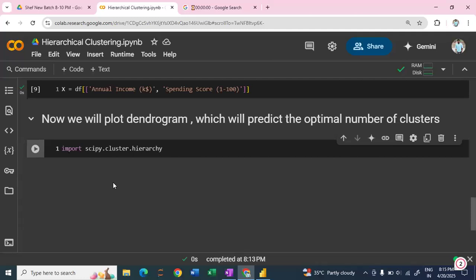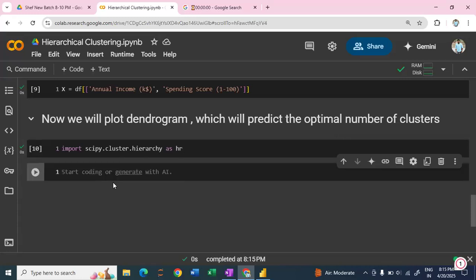And just do one thing: take an alias so that I can use this short name while I'm writing hierarchy. So just take HR for hierarchy. Okay, just run it.